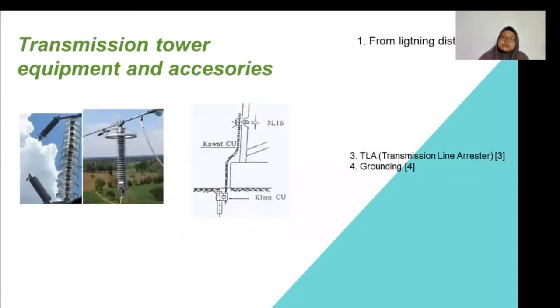And after that, the equipment is transmission line arrestor and also grounding. Transmission line arrestor is used to protect the transmission system from backflashover, and grounding is used to carry the current to the ground to keep the tower from backflashover occurring.